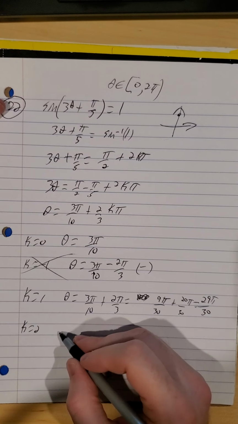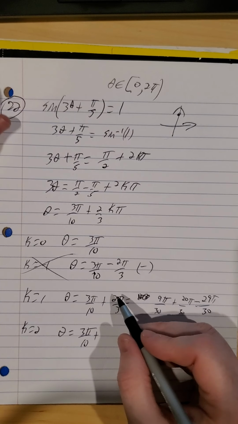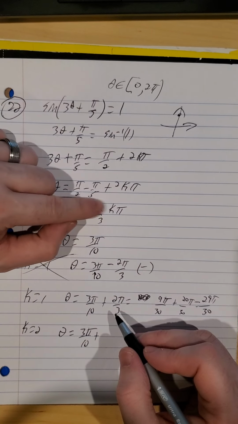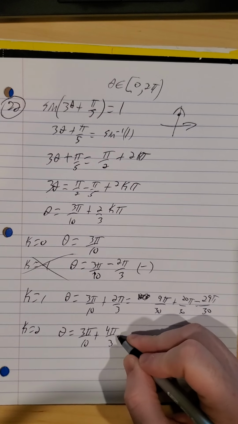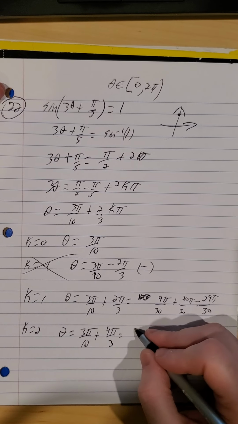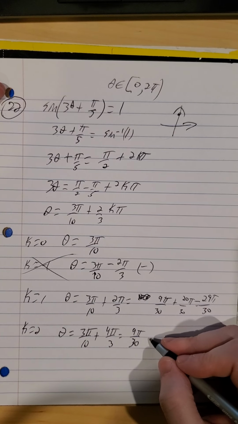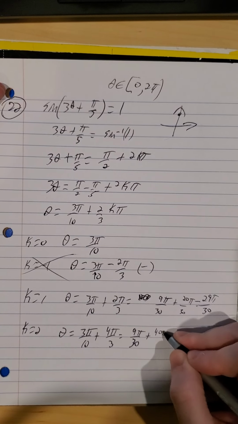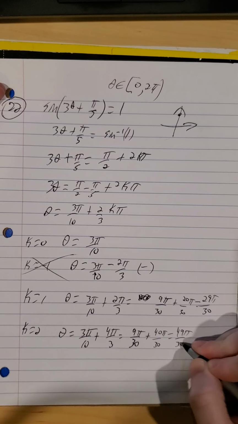K equals 2. Theta is then 3 pi over 10 plus 2/3 k pi, 2 by 2, 4 pi over 3. Common denominator there of 30, so 9 pi over 30 plus 40 pi over 30, so 49 pi over 30.